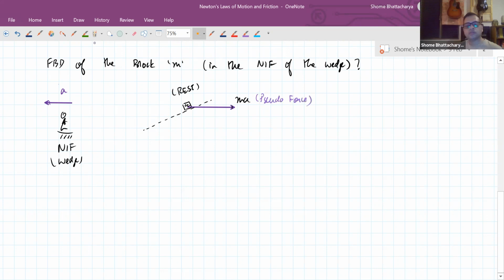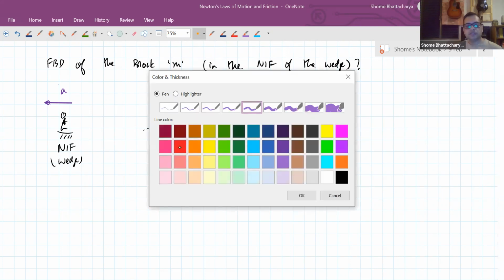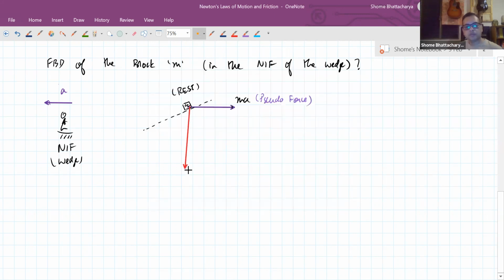The pseudo force. Okay. Then of course we have the regular forces like the gravitational force, the normal contact force, okay.